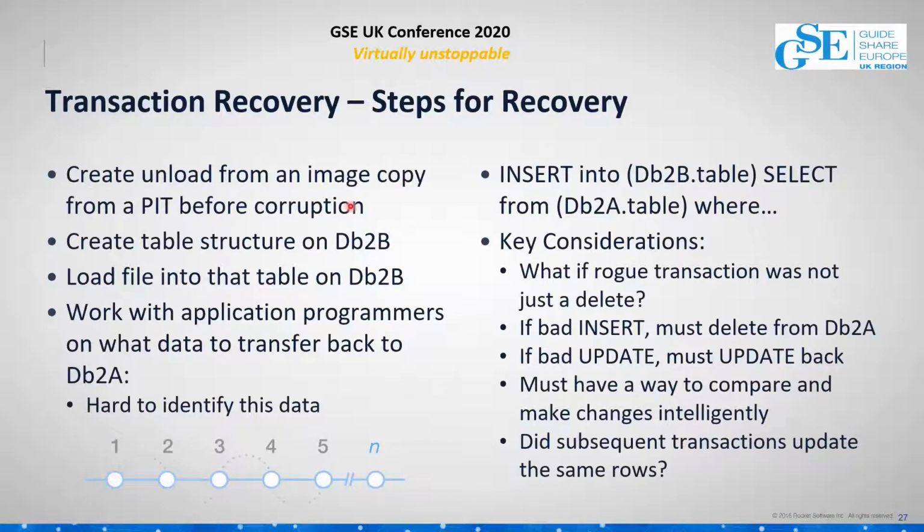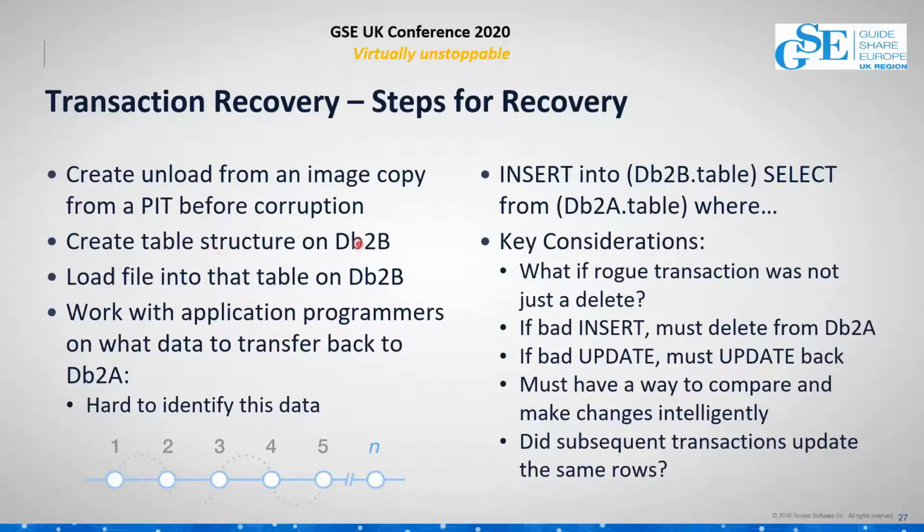If you find an image copy as close as possible to the release date of the module corrupting your application, ideally just taken before the application was moved into production, you can unload or recover from the image copy to another table.